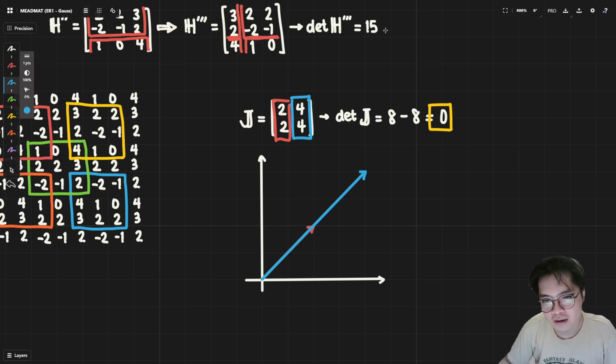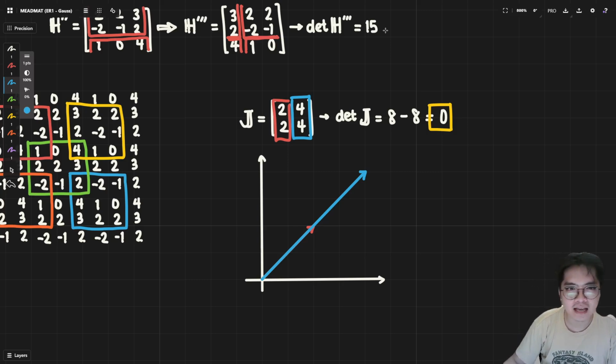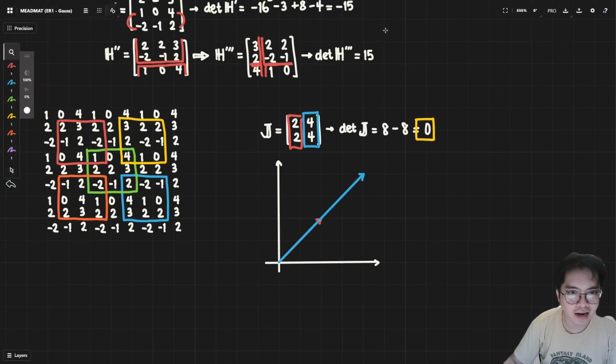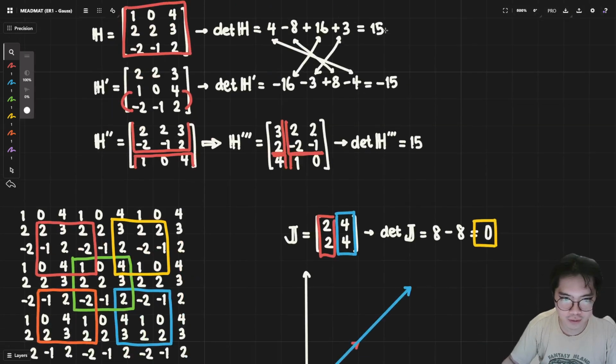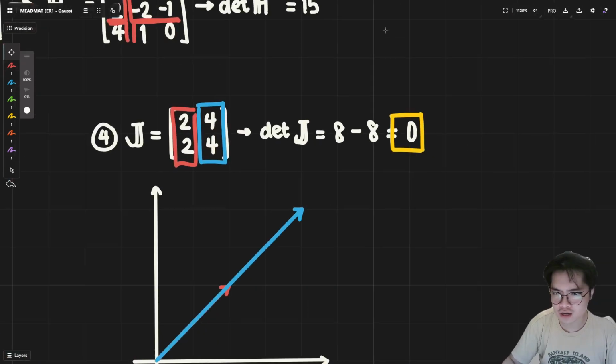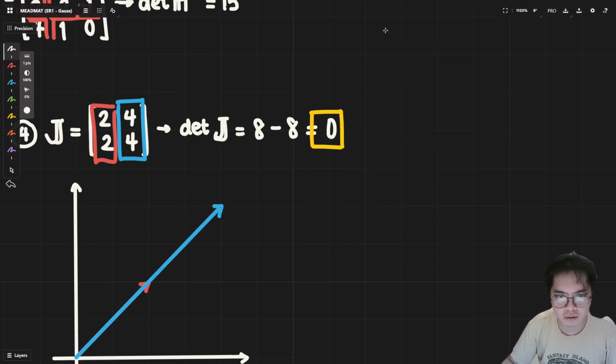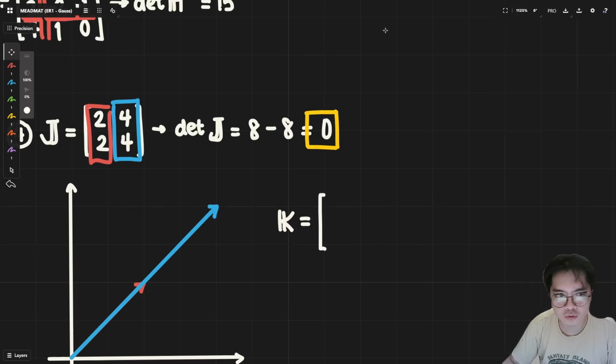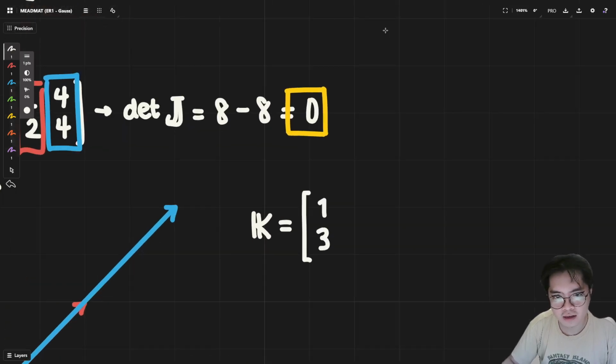And so now, based on that, we can generalize what's supposed to happen. Say for example, this K is a 2 by 2 matrix, 1, 3, and then 2, 6. What do we think the determinant will be?